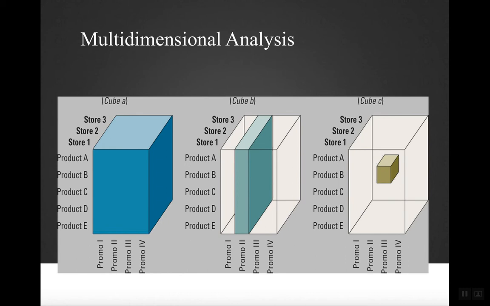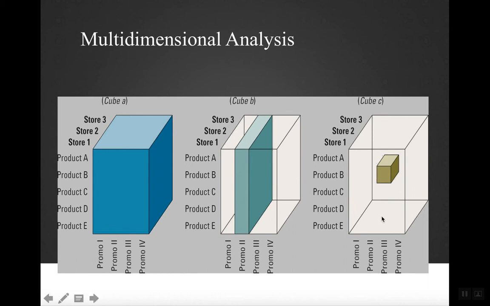So you have three dimensions, and how you would use this would be, you could come in and say, okay, I only want to pull the data across all of the stores, across all the products, but only for promo 2. All right. Or if you look at this as a time dimension, everything for the month of March.